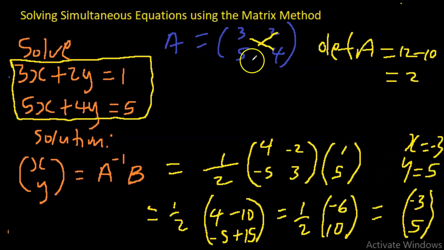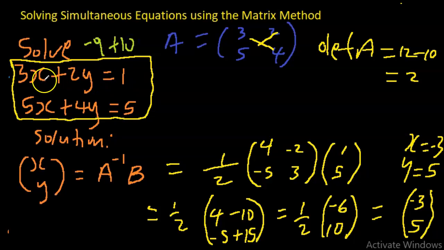Alright, and you can always test your solutions in the equation just to make sure it makes sense. We are saying that x is minus 3. So 3 times minus 3, that's minus 9, right? And y is 5, 2 times 5, that's 10. So negative 9 plus 10, that's 1.